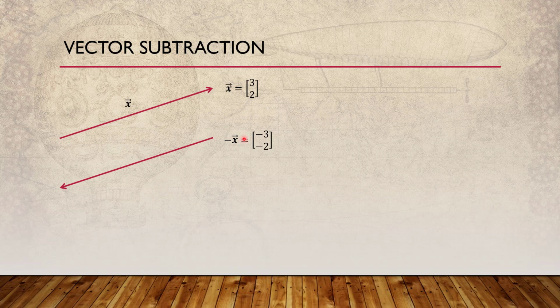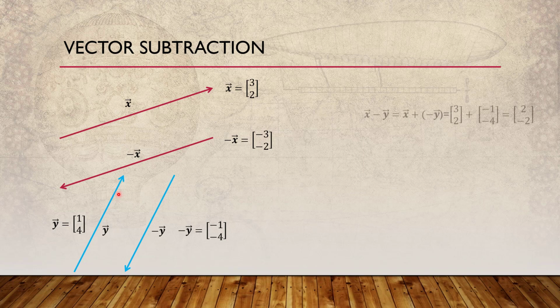Similarly, if we have a vector called y, which is 1, 4, what will be my minus y? It will be minus 1, minus 4. I keep the same length, but the direction changes to the opposite direction. This will be my minus y. So now it becomes very easy.